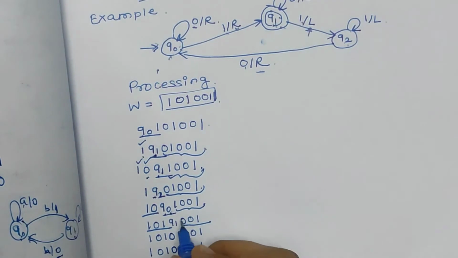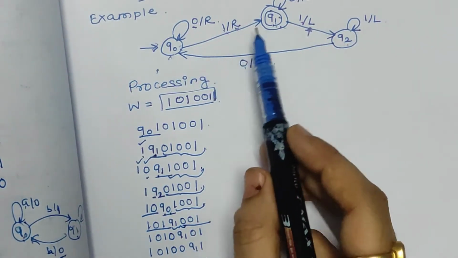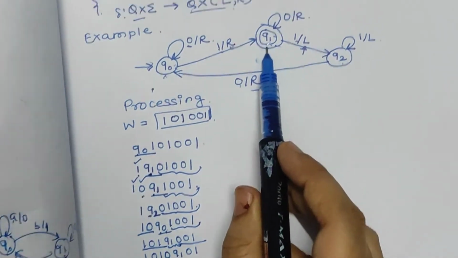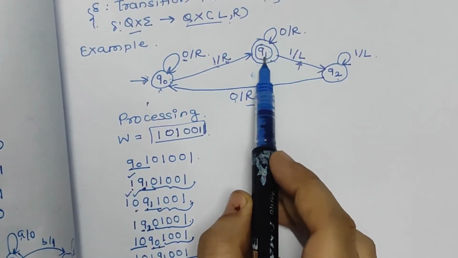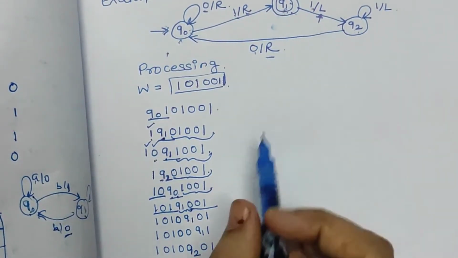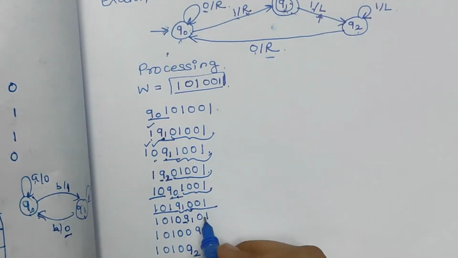Now in state Q1, if we give 0 as input, we move towards right and we are in the same state.